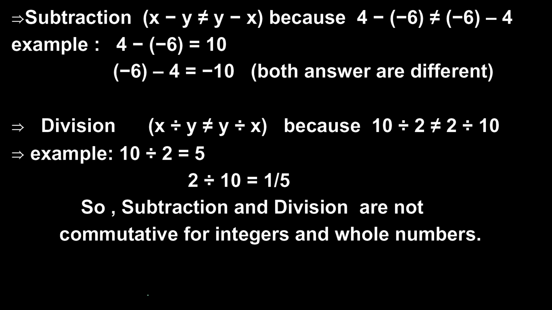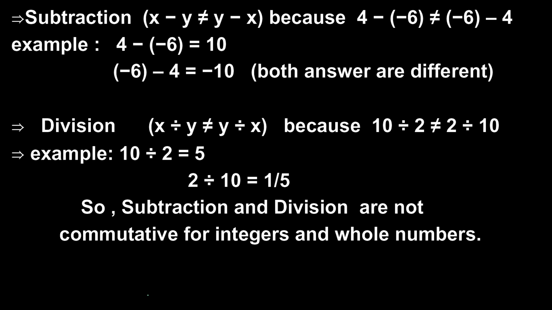So both answers are different. So the commutative property is not applicable to subtraction, and that's why I have written that x minus y is not equal to y minus x. So my dear students, you might have understood what I want to say.